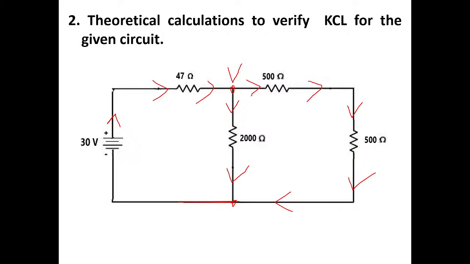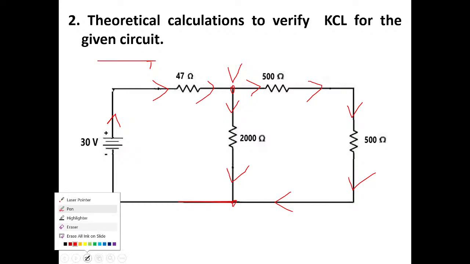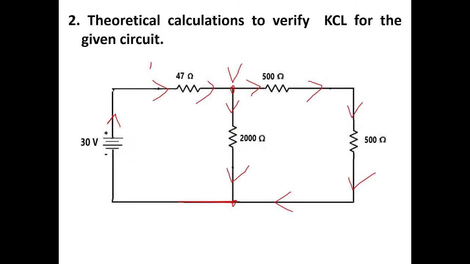Let us assume the current that is coming out of this source is some I1 current.